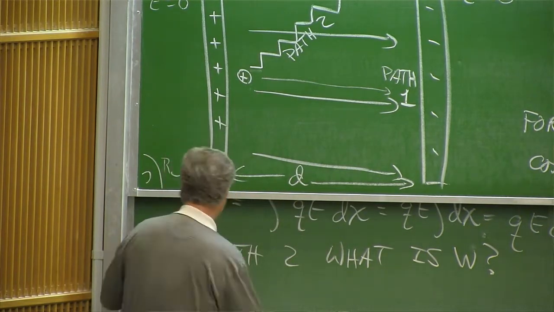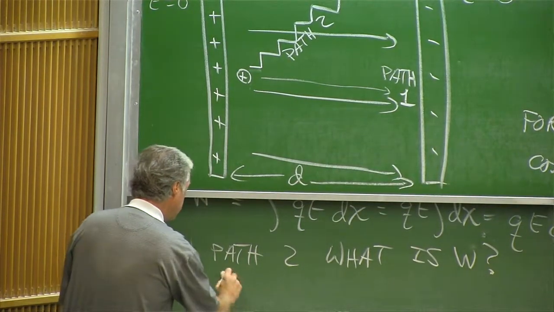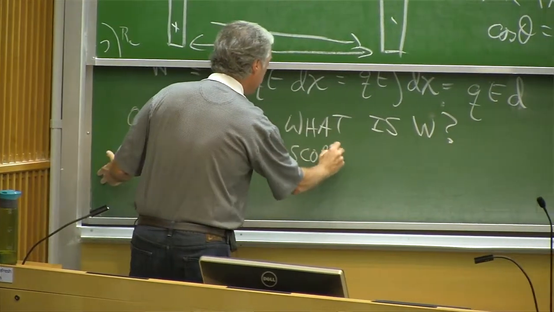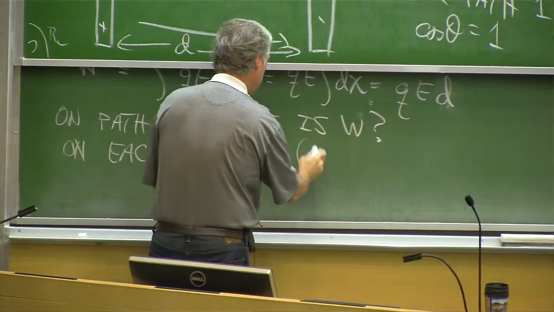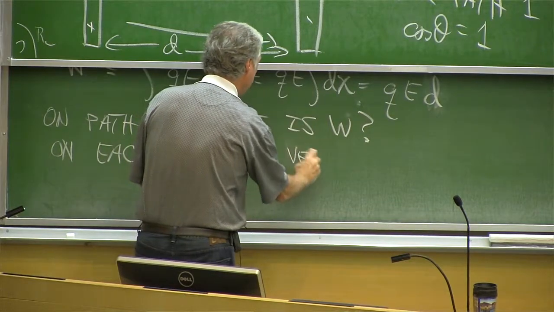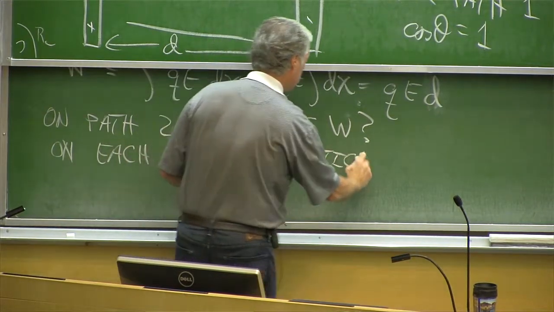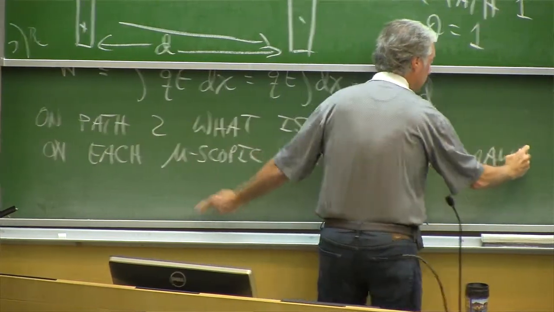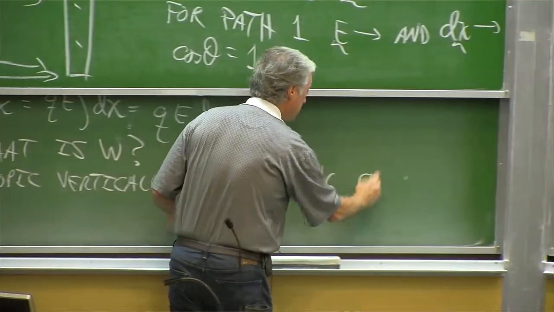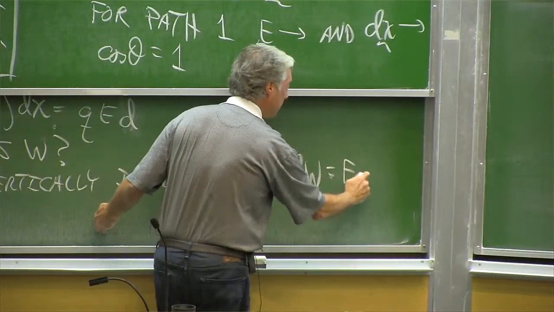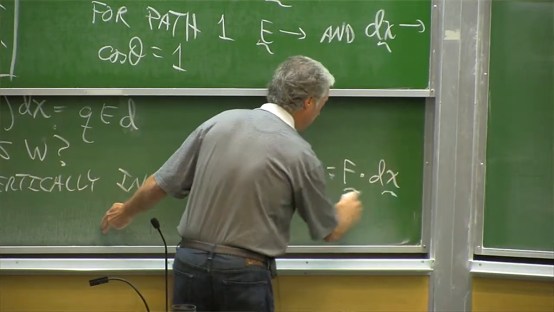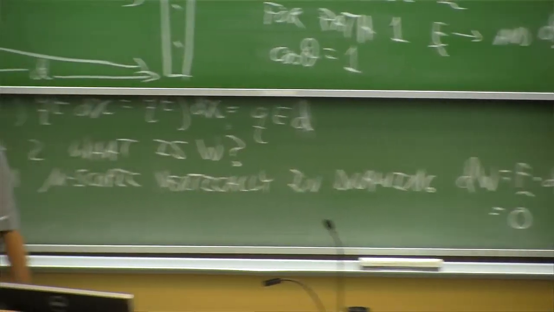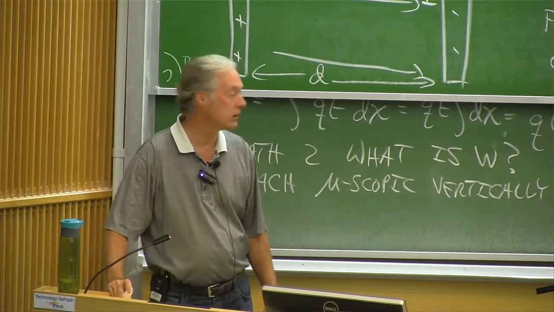Now, on each microscopic step, which is vertical in the drawing, we have a dW equal to F dot dx, and that's equal to 0 because the electric field and the path direction are perpendicular.